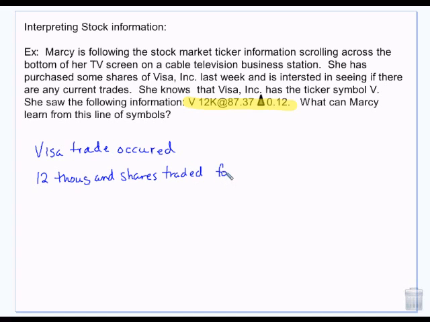And they traded for $87.37 each. And that was up from yesterday, by 12 cents.